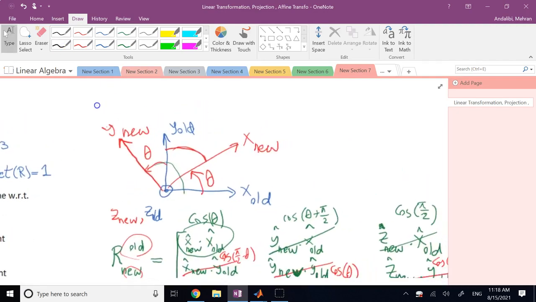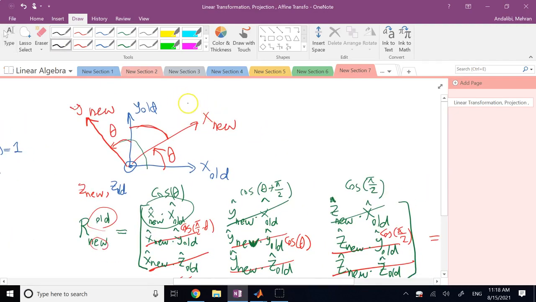Like, for example, if I have a point here in the 3D or 2D space, and this point is called P, well, the coordinate of this P along the old frame is different than what it is along the new frame, right? Because for the old frame, I have to project it perpendicular to the axis of the old frame.